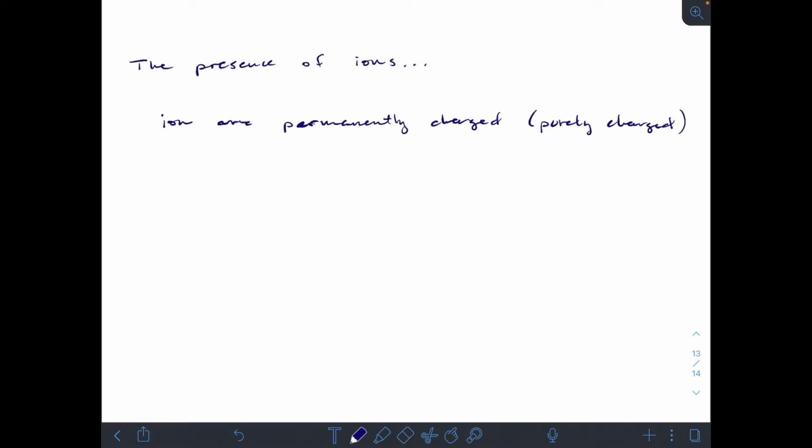So when we have an ion in solution, let's say some sodium plus, that ion is going to influence anything around it that it can. Anything with a negative charge is going to be attracted to it. So if I have a water molecule nearby, and a water molecule is a polar molecule, so it's going to have a negative and a positive end.